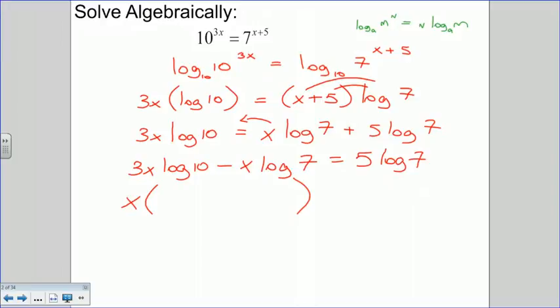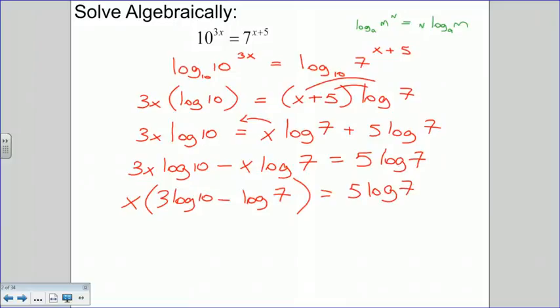So x times what is 3x log 10? That's the same as 3 log 10. Could we write log 10 as something nicer as well? Is log 10 1? 10 to what exponent is 10? Okay, we could write that as 1. I think I'll do that in the next step. This is log 7 here. And this is just our constant 5 log 7.